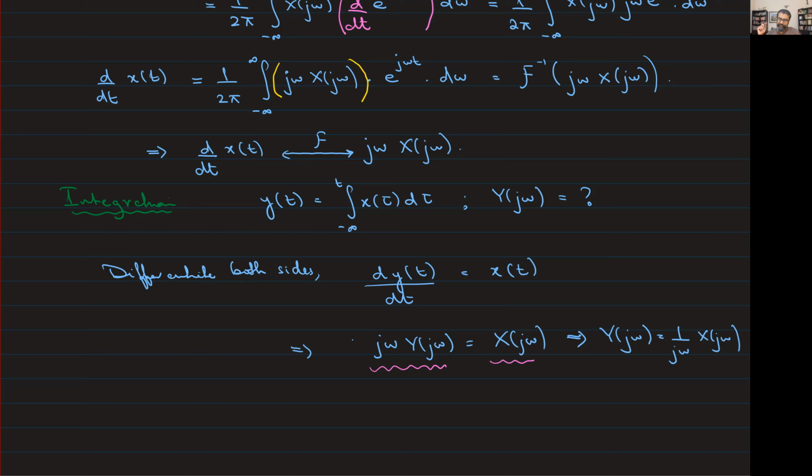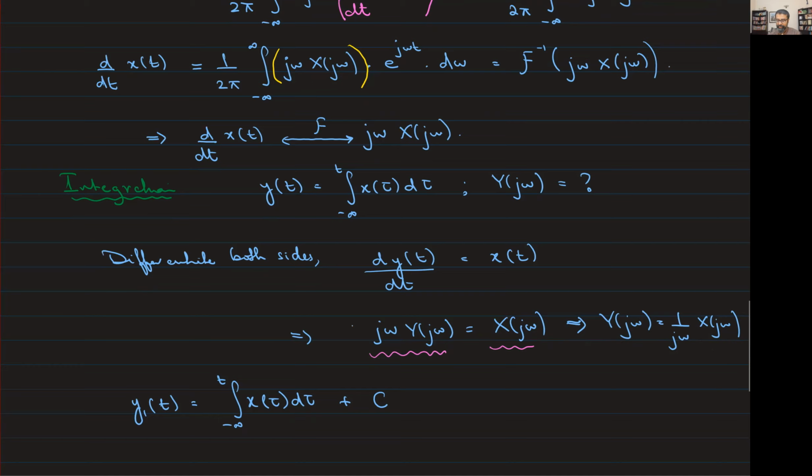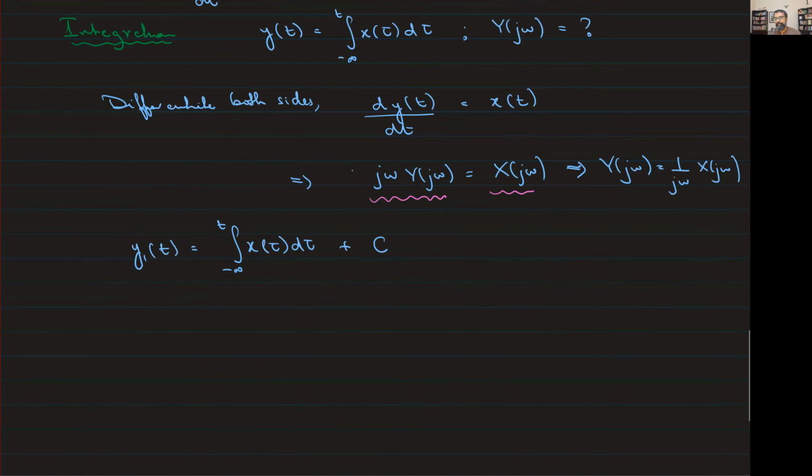Another way to think about this is, what if there was another signal y1 of t, which was equal to the integral from minus infinity to t of x of tau d tau, plus some constant? And this is probably something we're already aware of. In integrals, or differentials, those constants are something we need to determine separately.